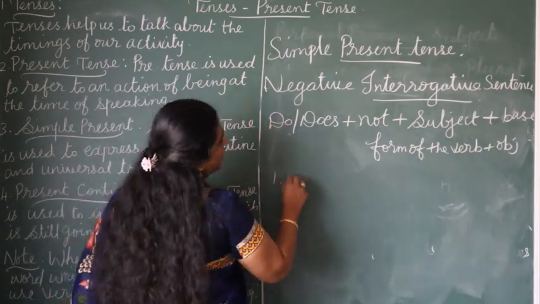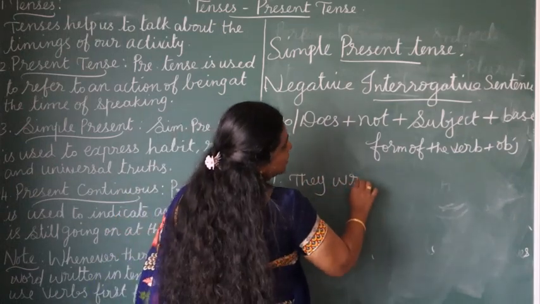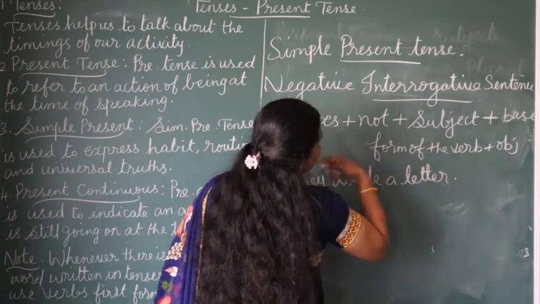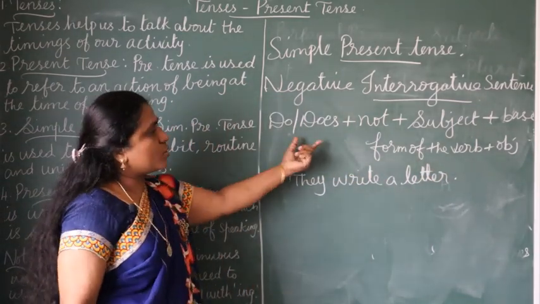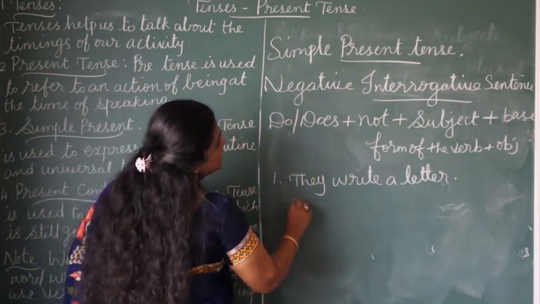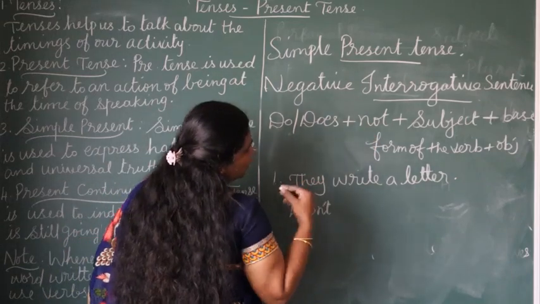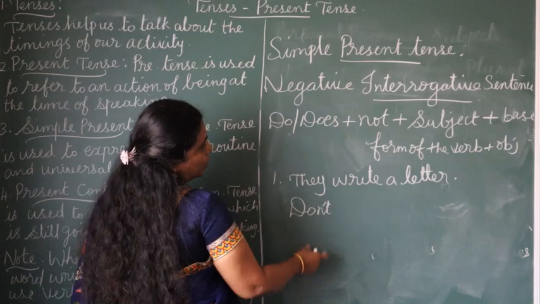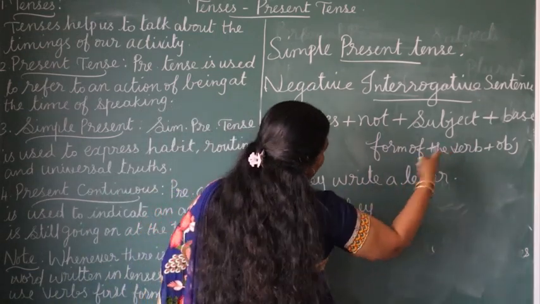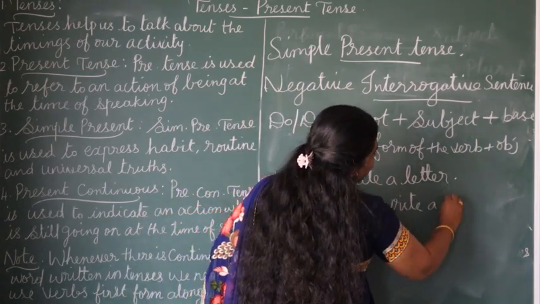First one, they write a letter. In negative interrogative we use do or does. Here the subject is plural, so we use the plural verb do. Then not, don't, do plus not, don't, then subject they, then base form of the verb write a letter, question mark.